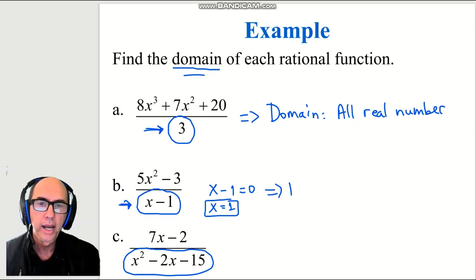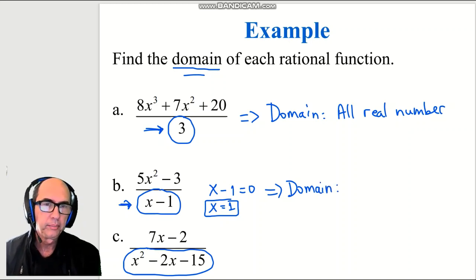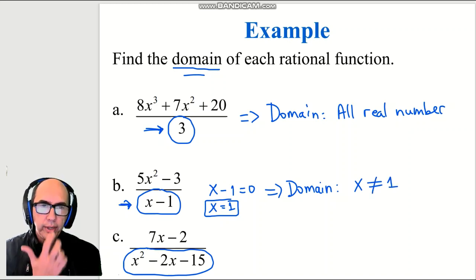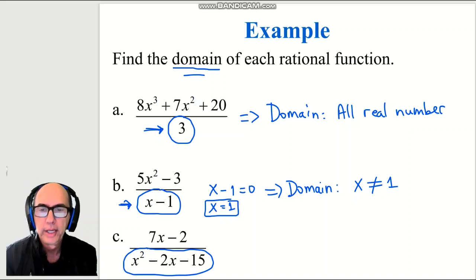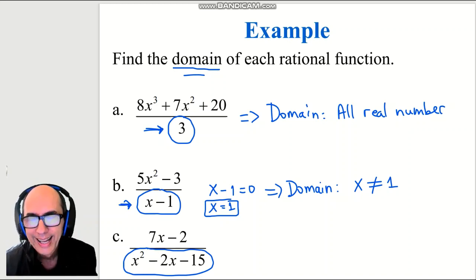That means the domain is going to be all real numbers, but x different from 1. All real numbers, but we're going to exclude 1. 1 cannot be in the domain because it makes the denominator equal to 0.